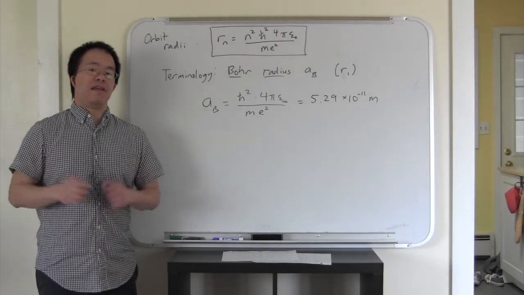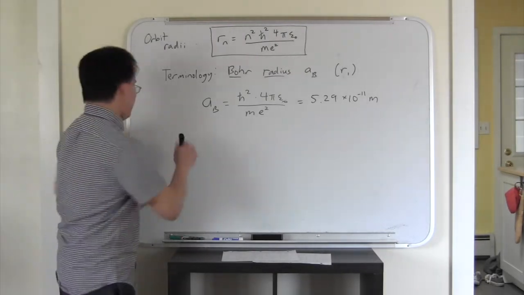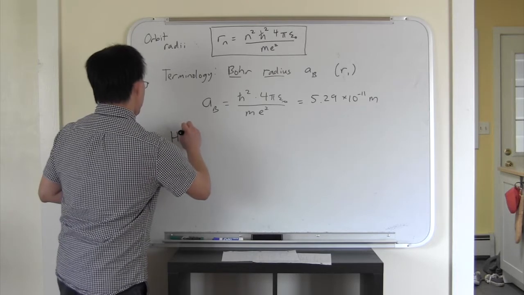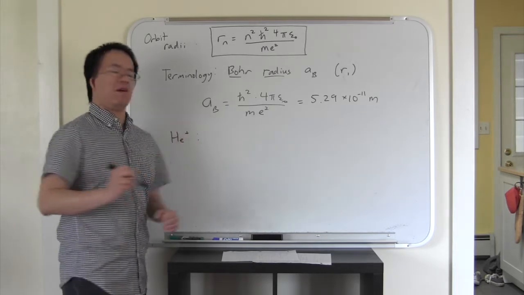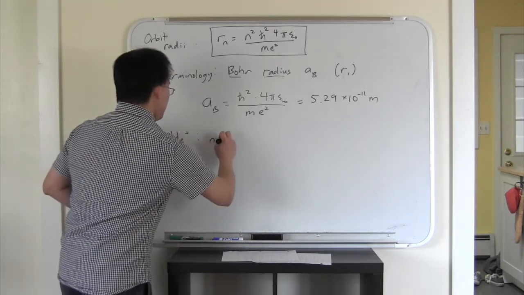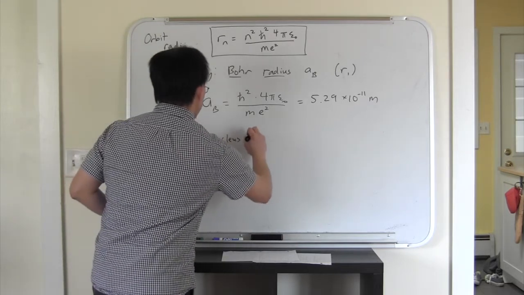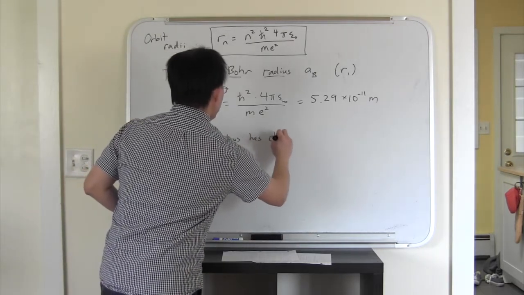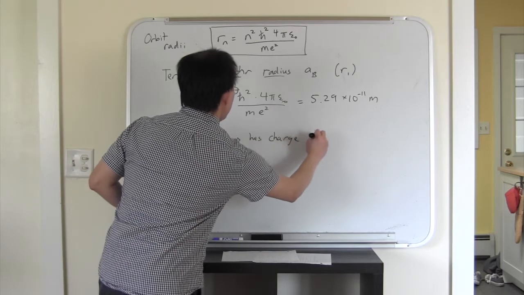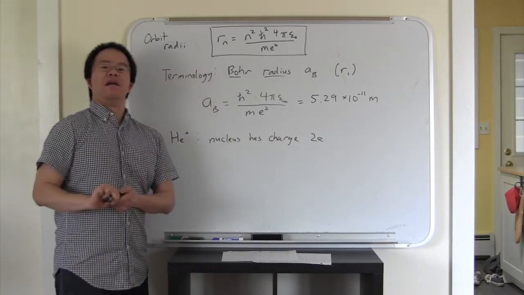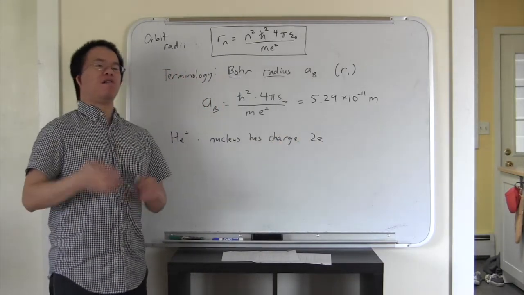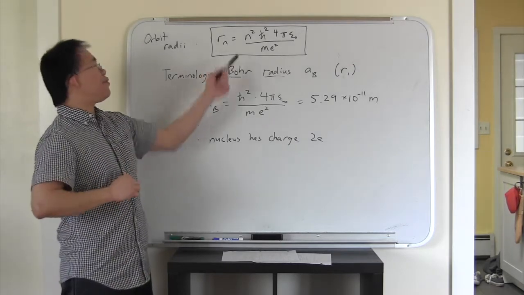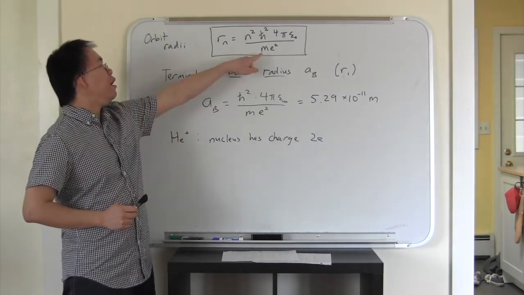So for our helium plus ion, the nucleus has a charge 2e. So remember where the charges appear in our expression for the allowed orbit radii.